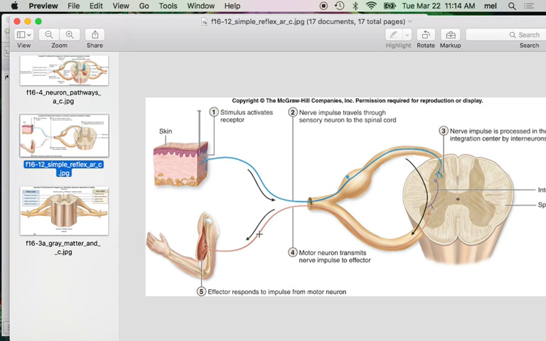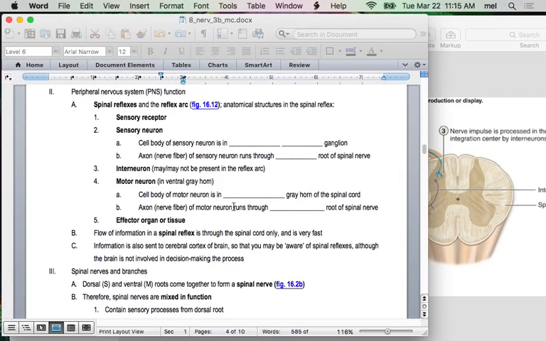And then it's going to run out to the effector, right? So that's all the same stuff that we learned. So the cell body of the motor neuron is in the anterior or ventral gray horn of the spinal cord. And the axon or nerve fiber runs through the anterior or ventral root of the spinal nerve. And then it goes to the effector organ or tissue.